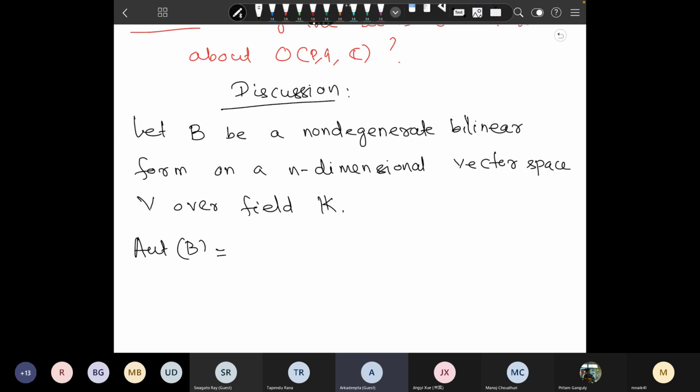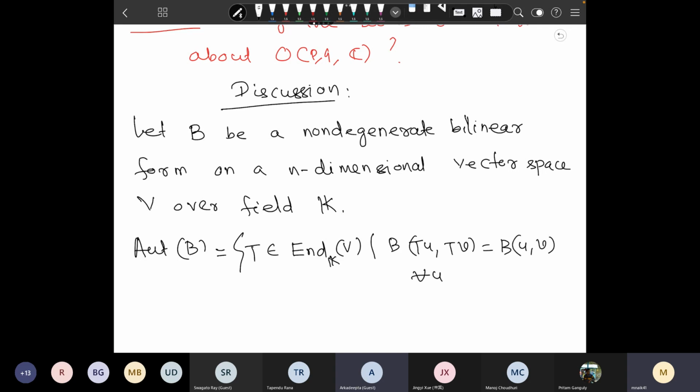This is equal to the set of T belonging to endomorphism of V over K, so that B of TU, TV is equal to B of U, V for all U, V belonging to V.